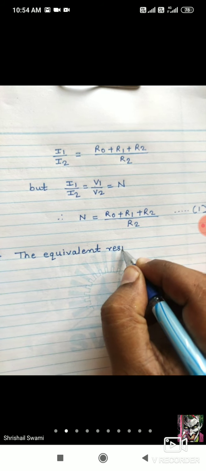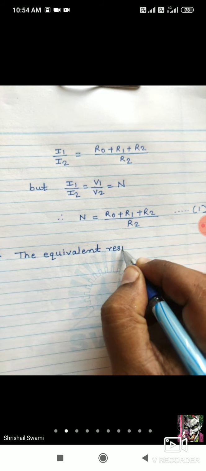So this will give the value of equivalent resistance R0. I will write here R1 plus, in bracket, R2 parallel with R1 plus R0. R1 plus R0 are in series, that's why we take a plus. That will be parallel with R2, and the total combination is in series with R1.